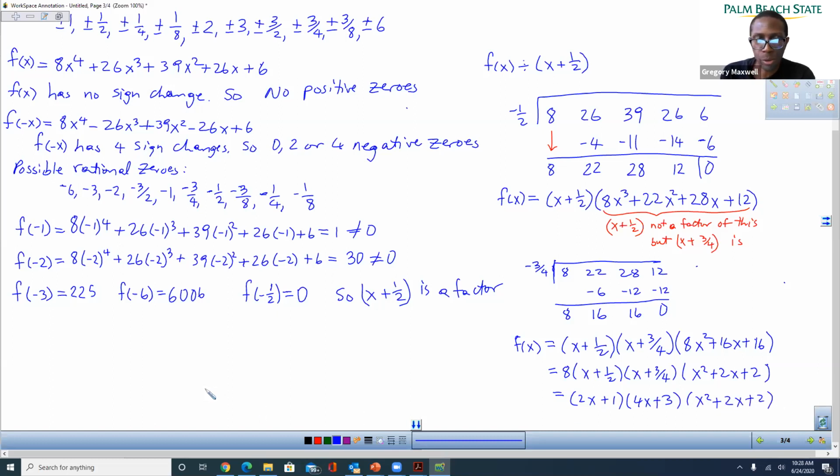So the real zeros are -1/2 and -3/4. And the complex zeros you will get from solving the quadratic formula.